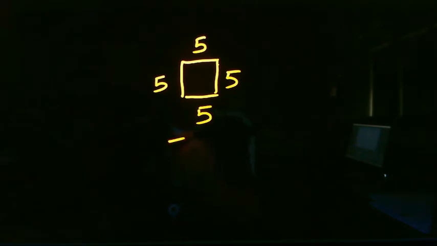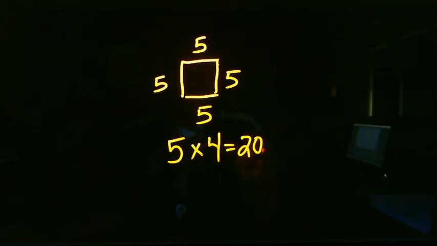All right, well, if that's going to be 5, that's going to be 5, that's going to be 5, and that's going to be 5. Then what we have is a simple multiplication problem. All right, what is the length of each side? That's 5. How many sides are there? There are 4. So the perimeter is going to be 20 units.